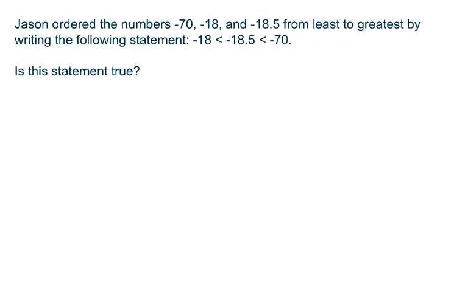Jason ordered the numbers -70, -18, and -18.5 from least to greatest by writing the following statement. -18 is less than -18.5, which is less than -70. Is this statement true?